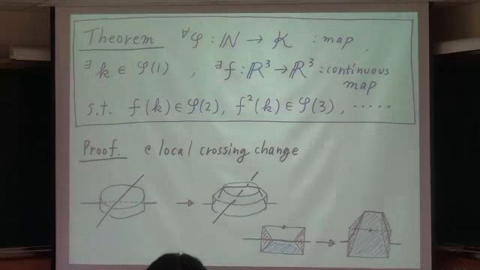So how to prove this? And for the purpose, I prepare the following technique. So this is a local crossing change. By a continuous map of R3 that is identity outside a small three ball, we can change a crossing.